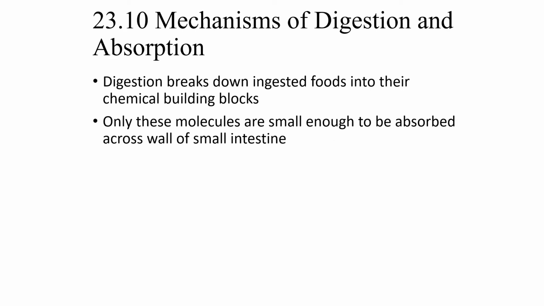So when we look at this, digestion is going to break down foods from polymers to their monomers. And so we're going to go from complex carbohydrates into the monomers, glucose, fructose, and galactose, for example.